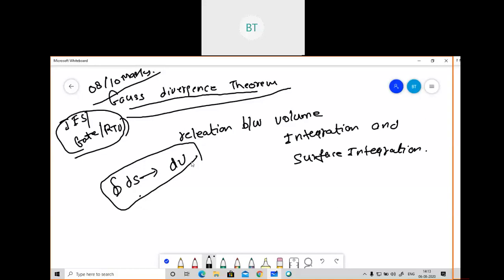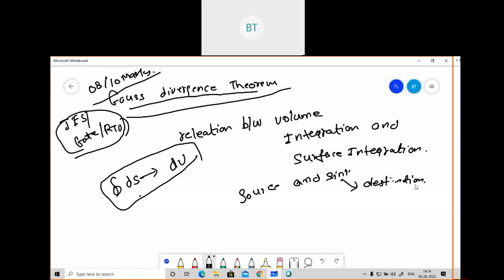So what does Gauss divergence theorem tell? It tells the relation between the volume integration and the surface integration, and it is also used to see the location of source and sink. By this theorem, we can find the location of source and sink. Sink means destination.